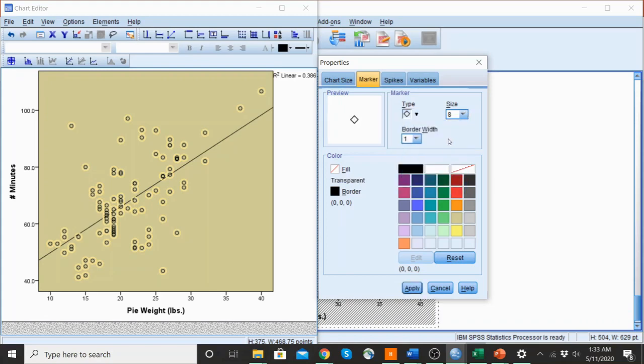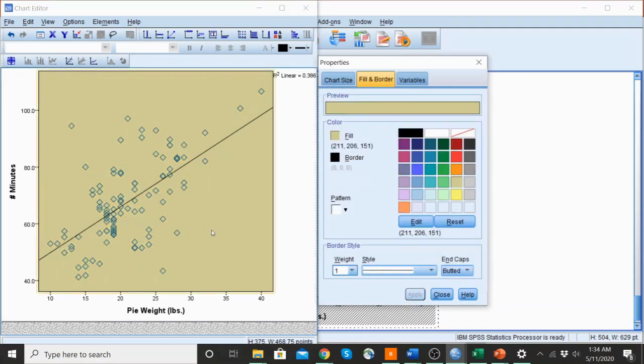You can make them a little bigger. You can make them blue. I don't know if that'll show up. Not so well. Let's make this a little bit lighter. And there you have it.